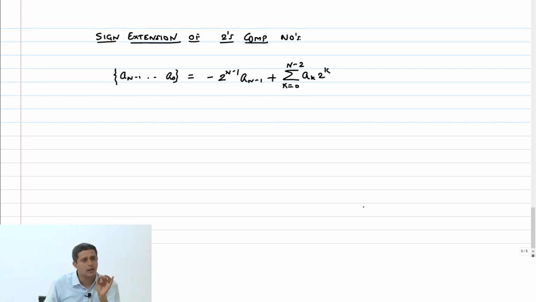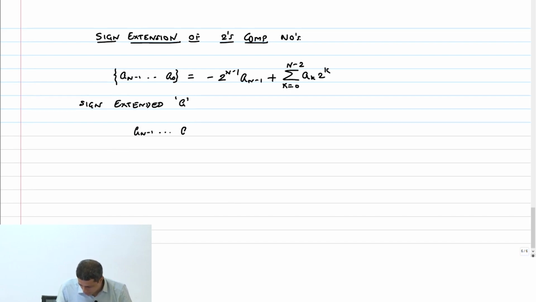Now what am I doing? What is sign extension? It's taking this a n minus 1 bit and repeating it m times. I'm going to create a new sign extended number. What is that value? It is a n minus 1 repeated, then a n minus 1 all the way to a naught.